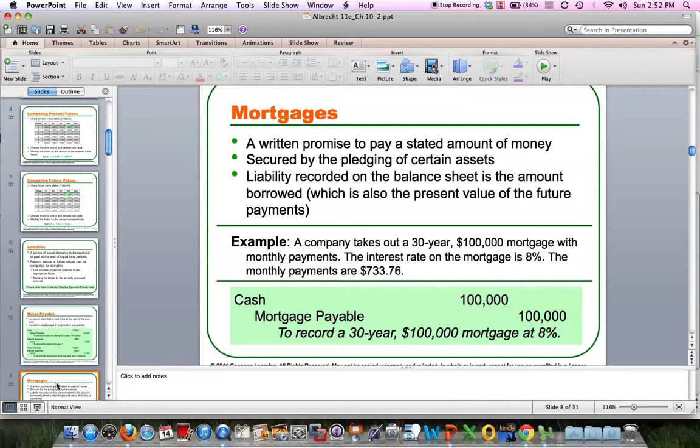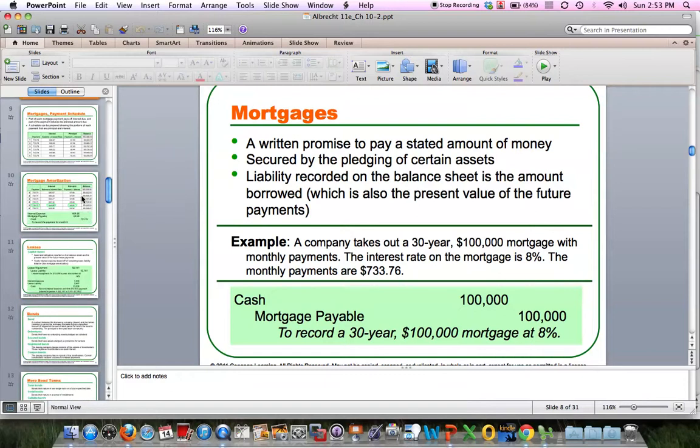The interest rate's 8%. Monthly payments are calculated to be $733.76. When we take out the initial mortgage, we receive the cash from the bank, which you would then use to buy an asset, probably a building on some land: debit cash, credit mortgages payable for the $100,000. And then, of course, we'll start to make payments on a monthly basis.